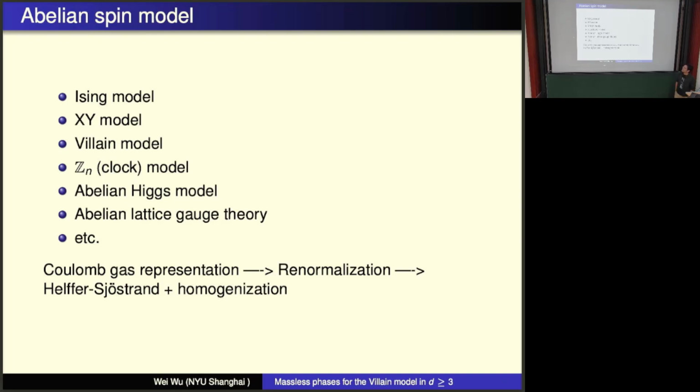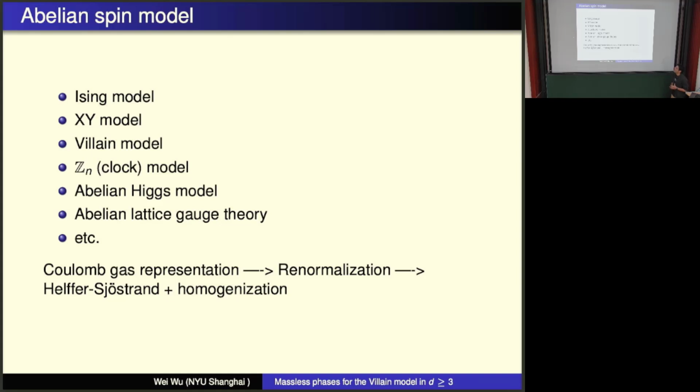It's called abelian spin models, which means they're statistical mechanics models so that the spin configuration belongs to some abelian group. So there are other examples in this class of models, including XY or abelian gauge theory and so on.